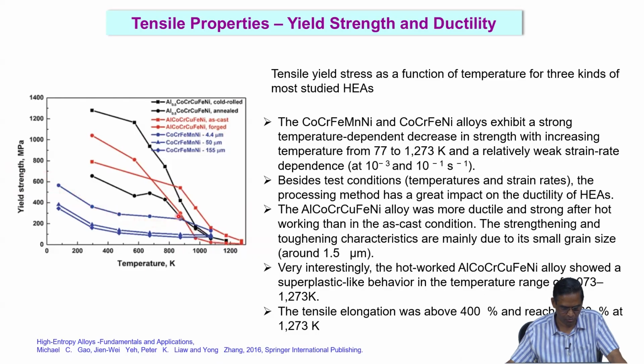It loses strength smoothly as the temperature increases as compared to the other conditions. So, what we are seeing is these two alloys exhibit a strong temperature dependent decrease in strength with increasing temperature and relatively weak strain rate dependence. Okay, this is very important.